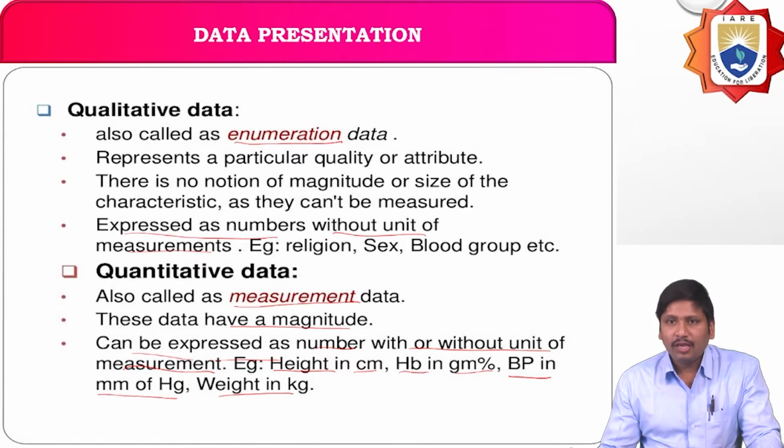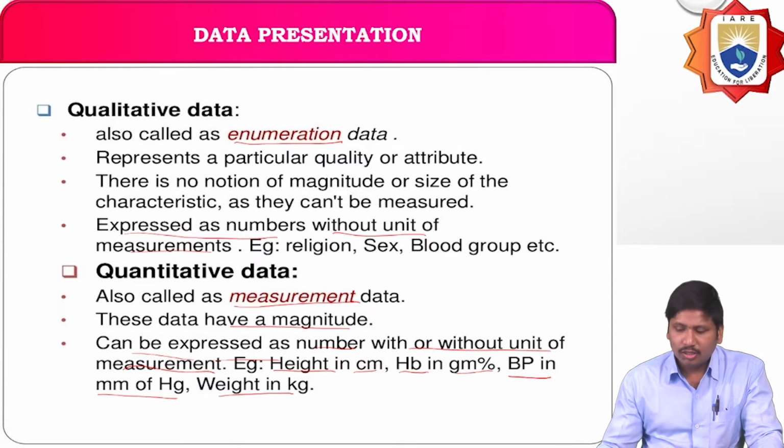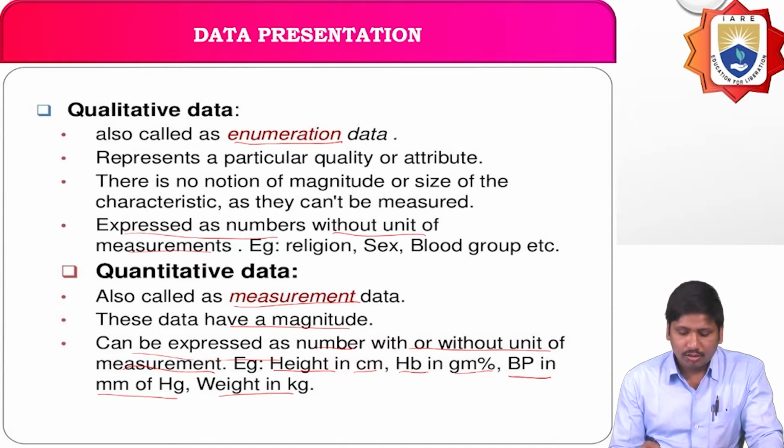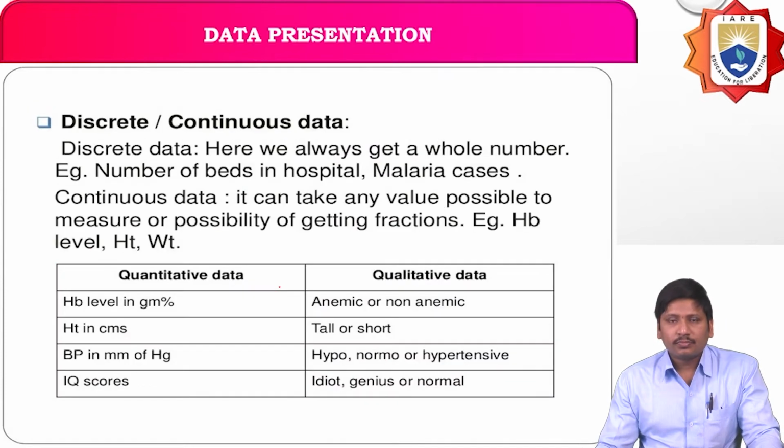Examples are height in centimeters, hemoglobin in percentage, BP in mm Hg, and weight in kg. Qualitative data is considered based on quality and attribute, whereas quantitative data is considered mainly on the measurement of the data.